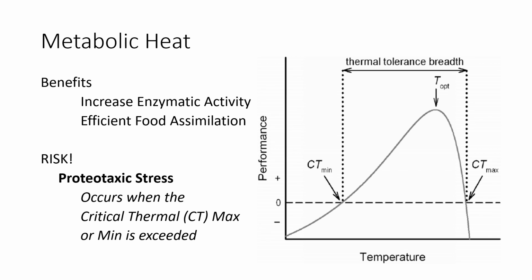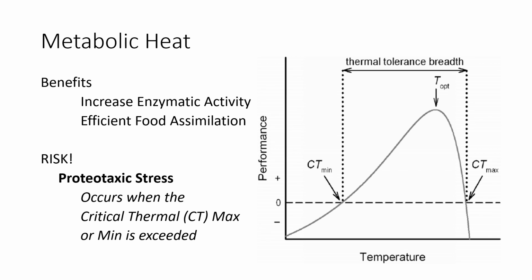Now, of course, there are benefits and challenges to metabolic heat, but primarily we want this metabolic heat as if we were larvae, because it allows us to experience increased enzymatic activity, which ultimately allows us to assimilate food into our tissues much easier and much faster. So there's higher efficiency in that.